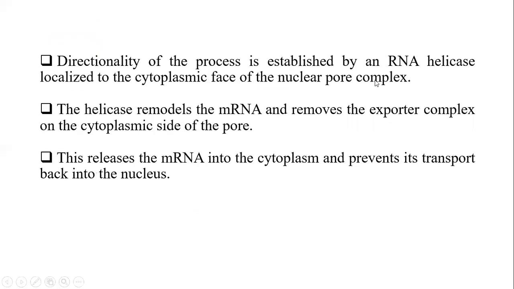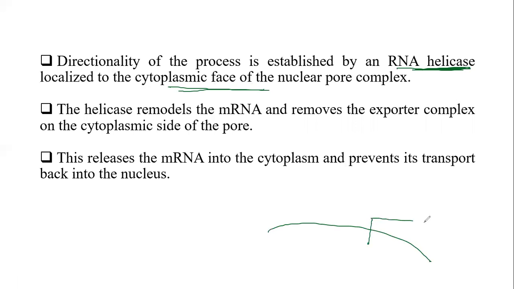Now, the directionality of the process is established by the RNA helicase localized to the cytoplasmic face of the nuclear pore complex. Now, you must be wondering why we have RNA helicase. Any idea? It is present in the cytoplasmic face of the nuclear pore complex. इसका मतलब क्या?